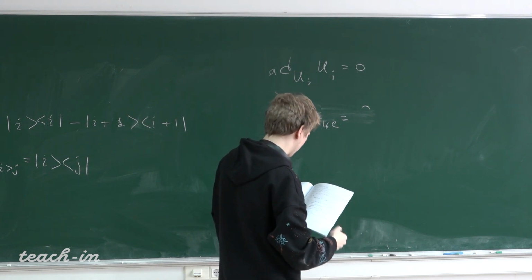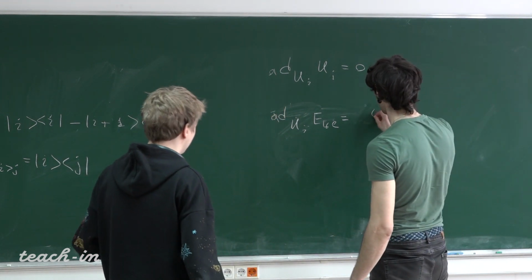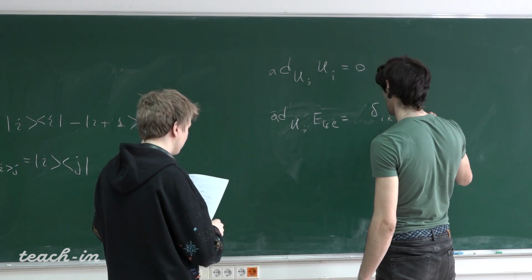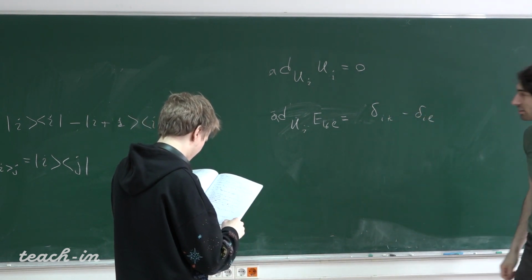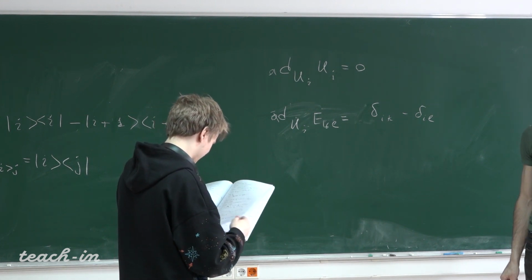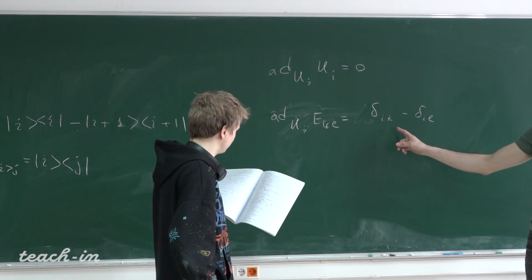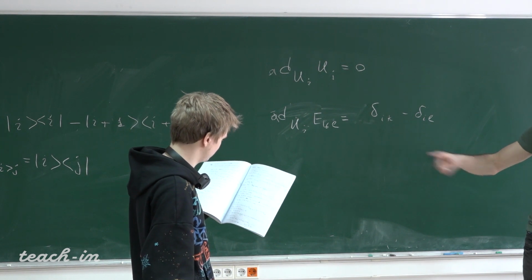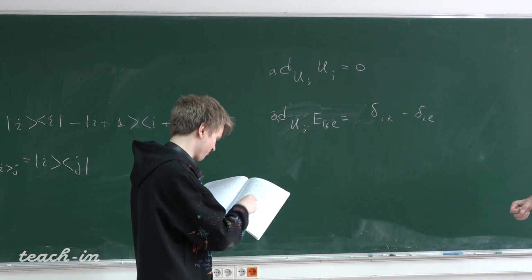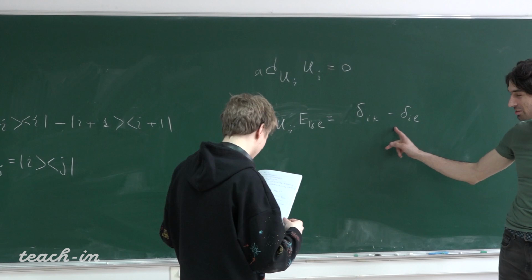But I think it's just delta_ik minus delta_il. I'm not sure if this is the final answer. That's exactly problem number maybe 3, right? You need this computation. Yeah, I understand.